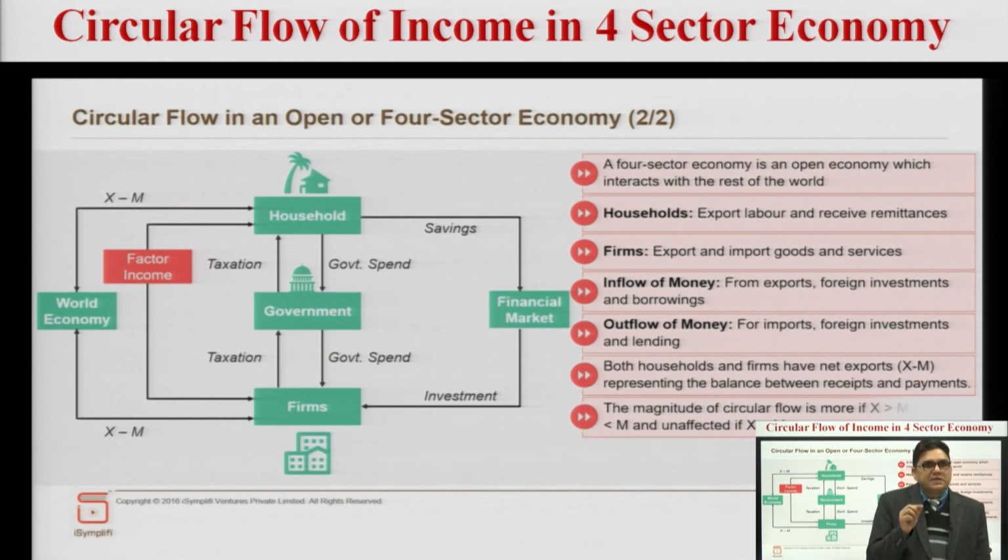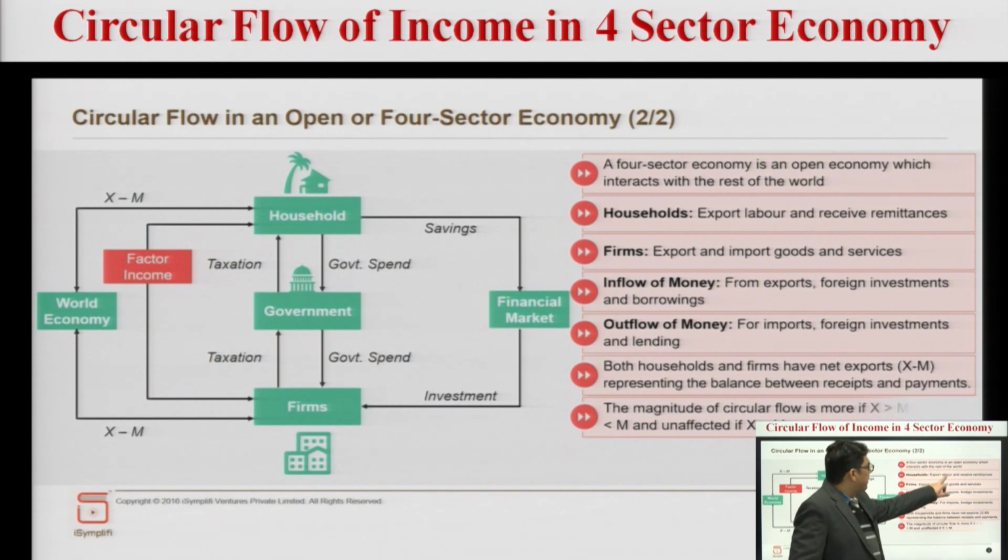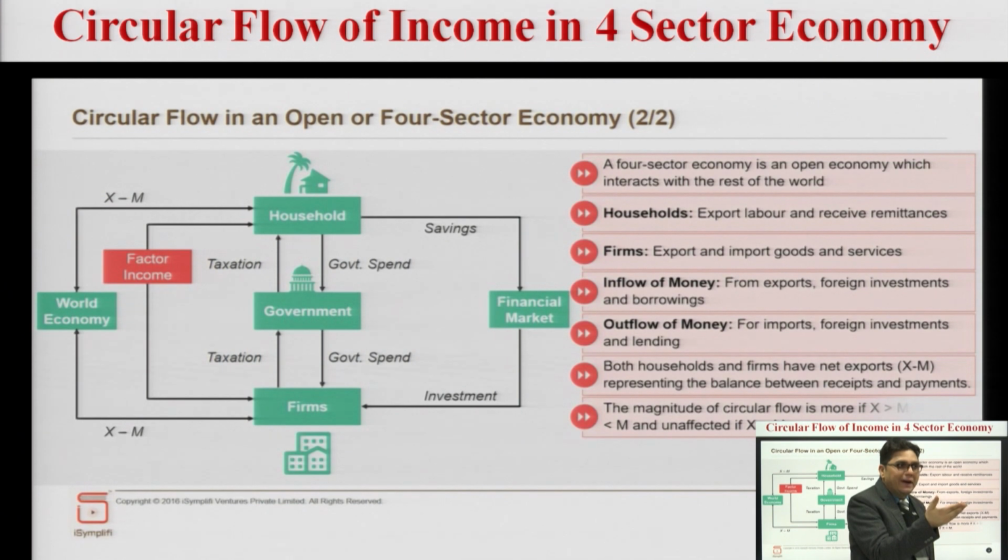So India keeps on exporting its labor to different parts of the globe, and in return we receive some remittances. Remittances are what? It is the part of their salary that individuals earn abroad and keep sending to their house. So this amount that workers working abroad keep sending to their home country is called remittances.